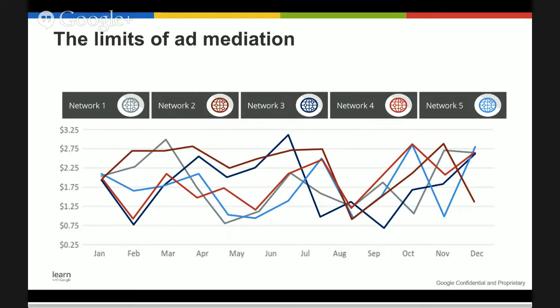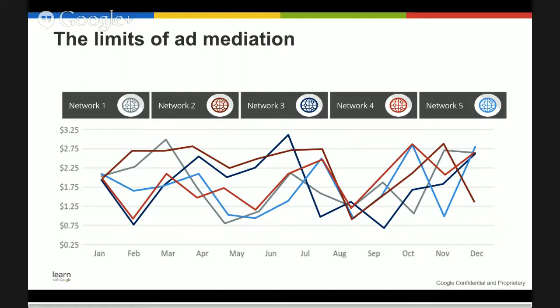And until you start maximizing and managing the fluctuations of each network through mediation, you won't be able to maximize your overall revenue. This is really important. Each network's CPM, eCPM, has natural fluctuations during the year.